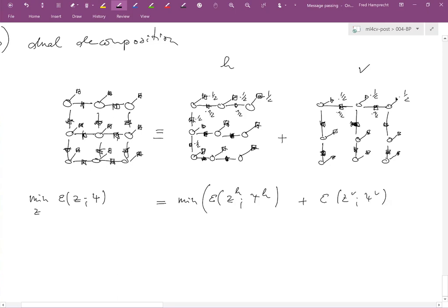The minimization goes over both zh and zv. And now I need to satisfy two constraints.